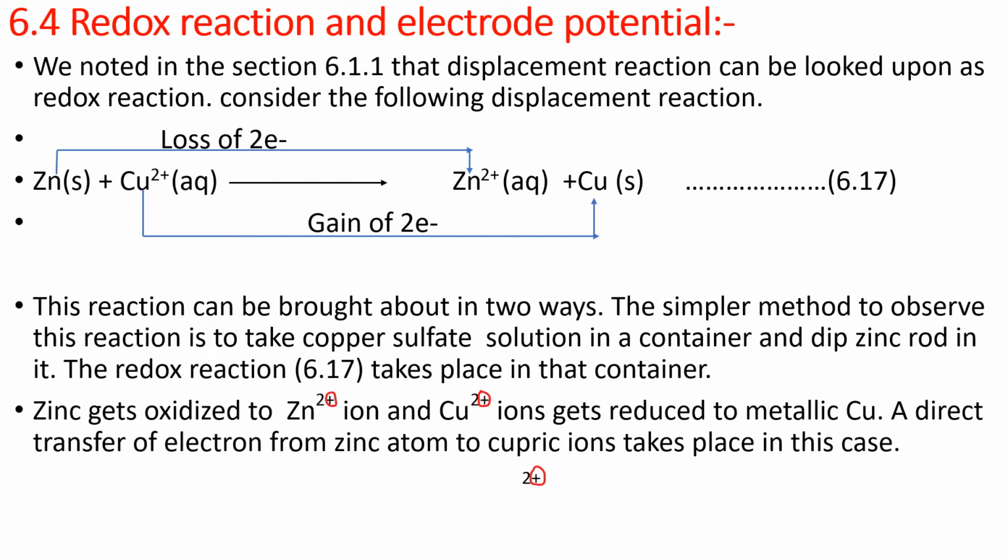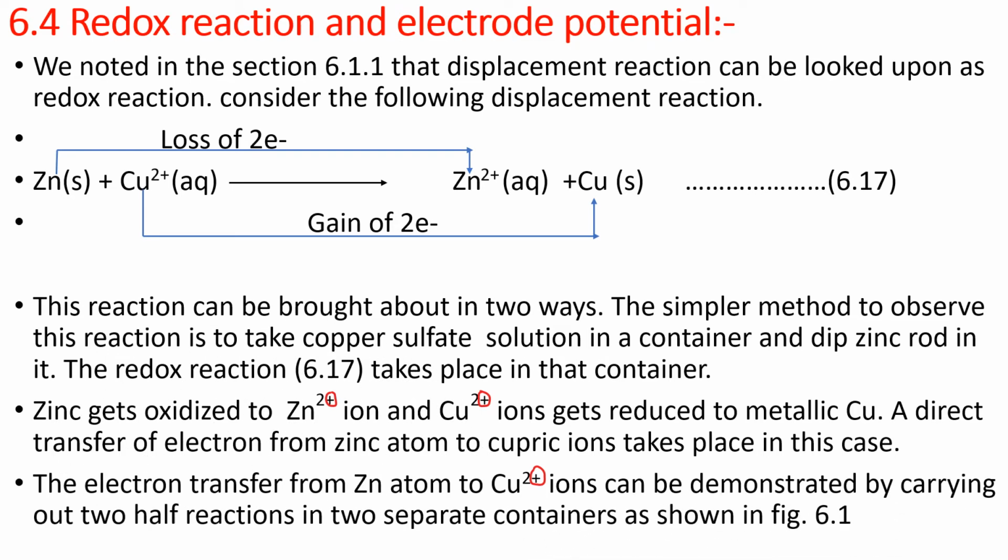A direct transfer of electrons from zinc atoms to cupric ions takes place in this case. The electron transfer from zinc atoms to Cu2+ ions can also be demonstrated by carrying out the two half reactions in two separate containers, as shown in the figure on the next slide.